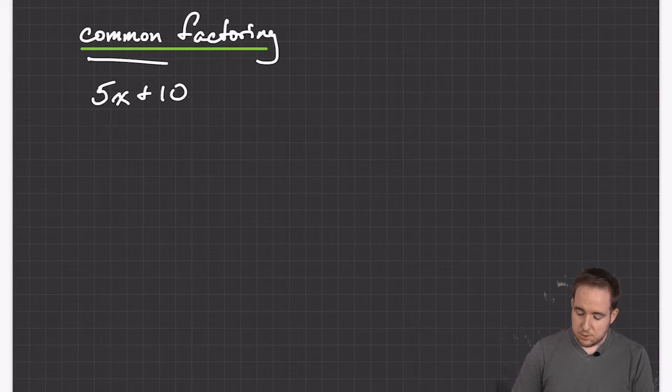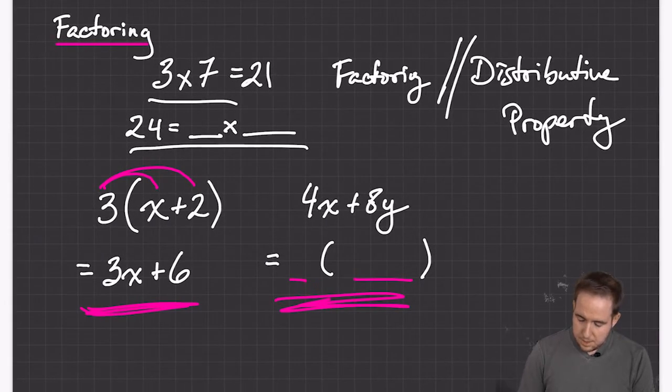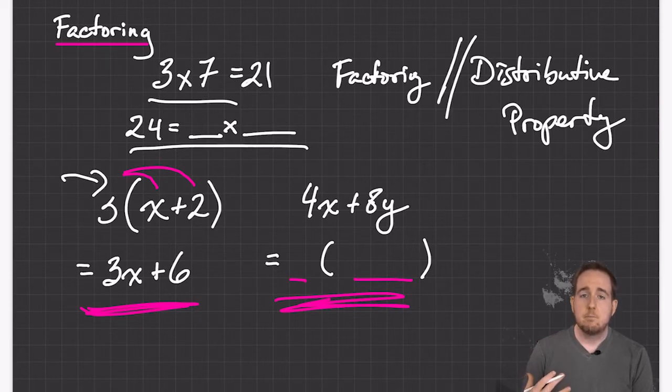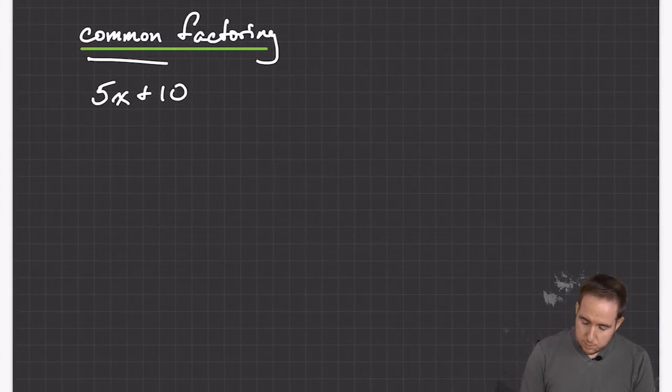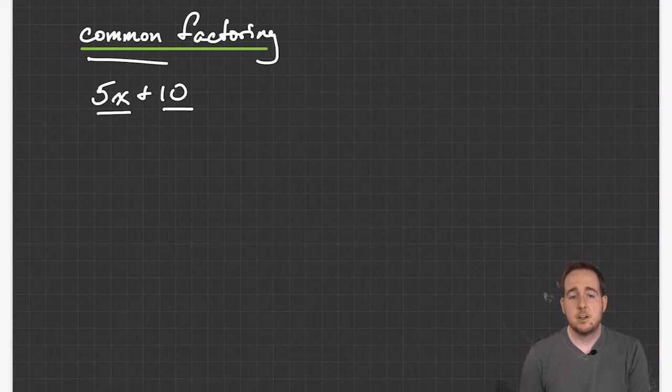And the distributive property, this sort of action that gave rise to all this, was all about multiplication. So when we say, what do 5x and 10 have in common, it's what do they have in common in terms of multiplication. So the answer in this case is they're both divisible by 5.